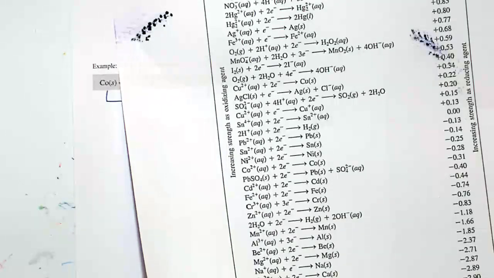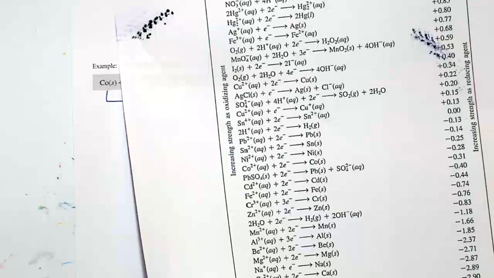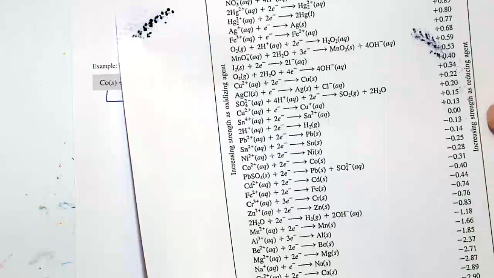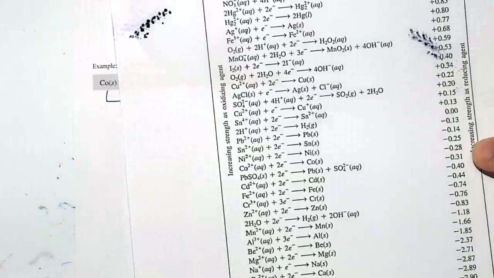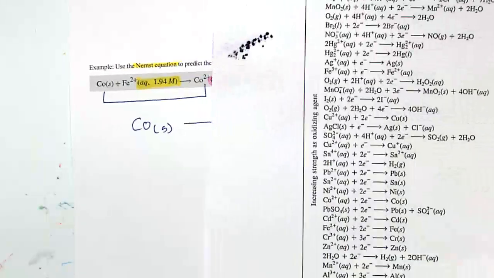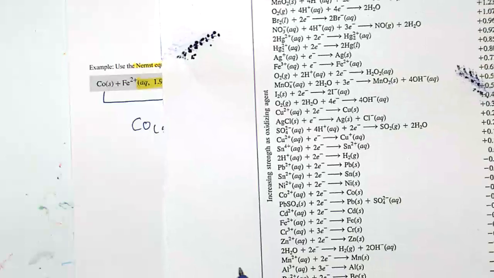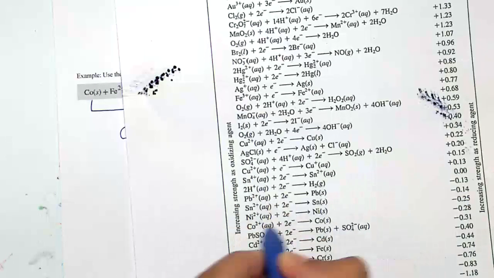Anybody see cobalt, or am I just losing my mind? 0.31, but positive, right? Here goes up on top. No, that's cobalt to cobalt plus 2. Maybe it's not here. Oh, here it is, I found it.